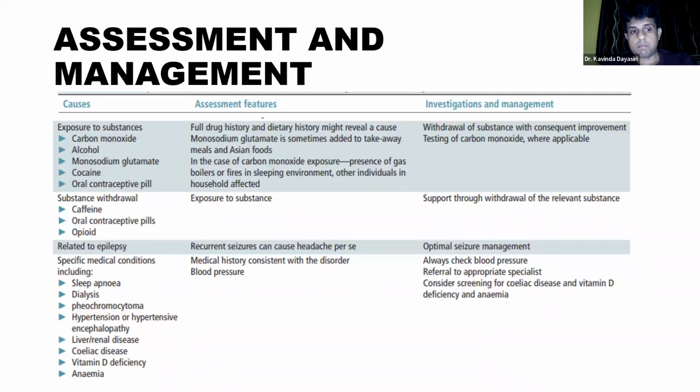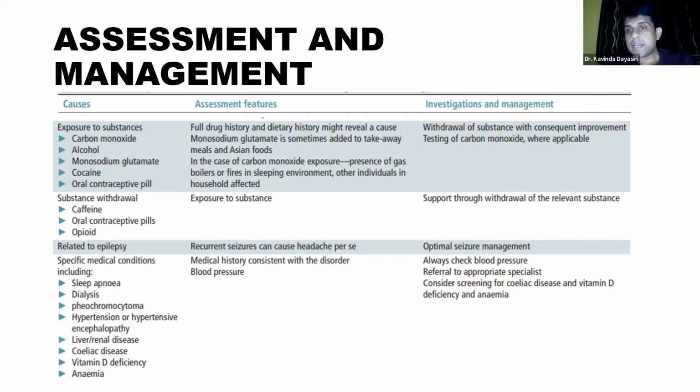Tumors outside of the head, extracranial tumors such as pheochromocytoma, can present with headache due to high blood pressure, or hypertension, or hypertensive encephalopathy. Underlying liver or kidney disease can present with chronic headache due to uremia or hyperammonemia.